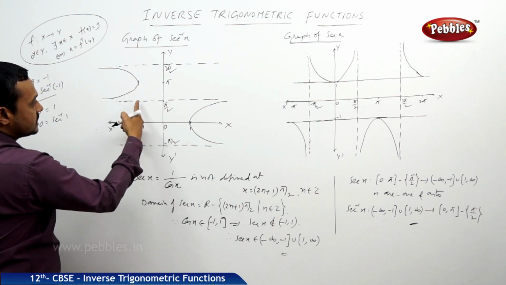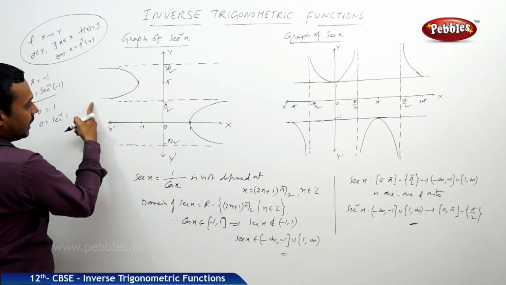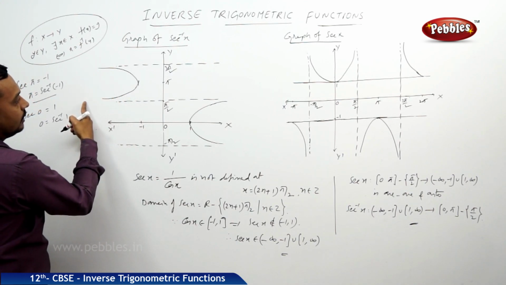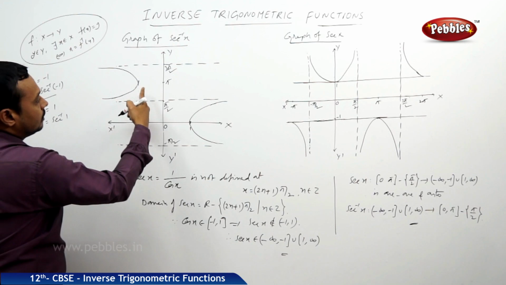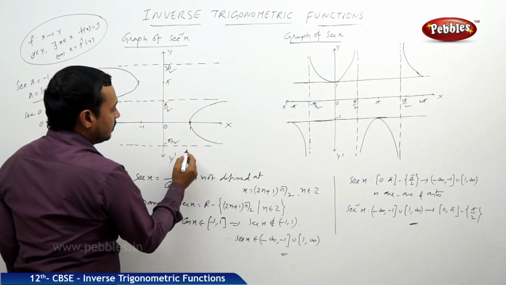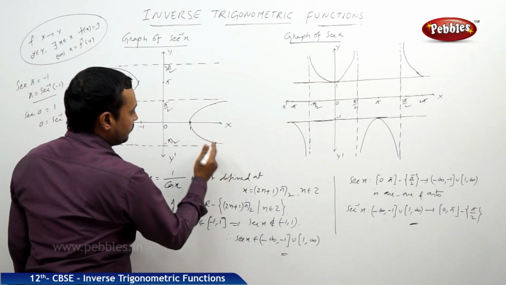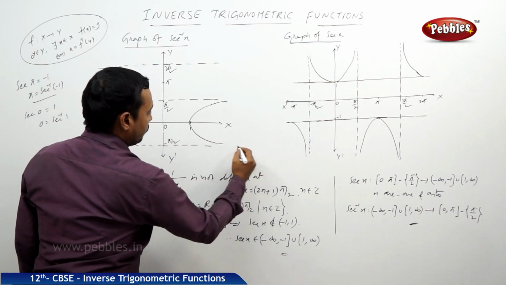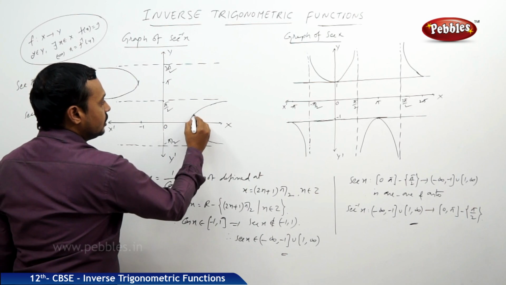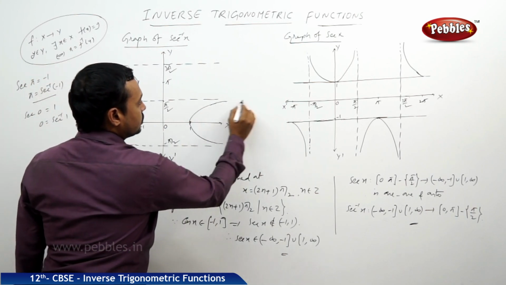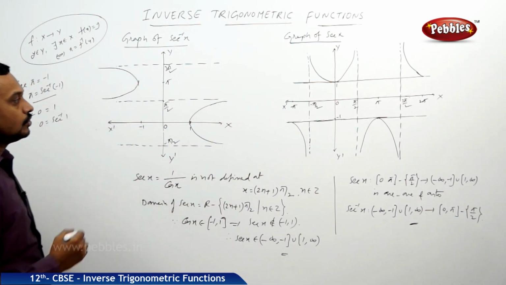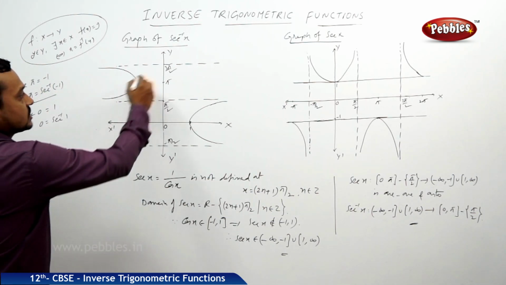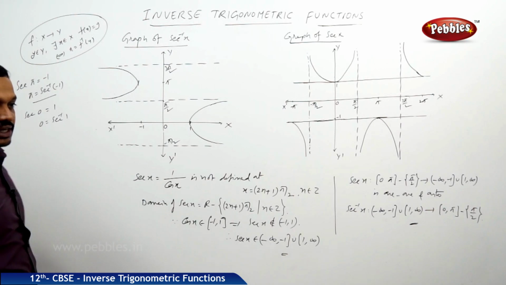As x values tend to minus infinity, the graph also tends to minus infinity, and on the right side, as x tends to plus infinity, the graph also tends like this towards pi by 2, and the graph tends to plus infinity. According to the definition of secant inverse x, we can draw this graph like this.